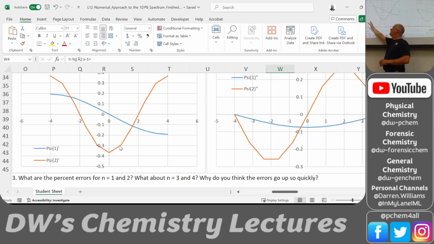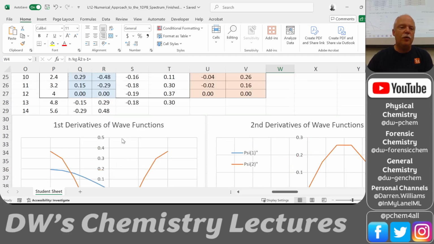So I can't calculate the derivative at either end of the box because I don't have anything beyond the end of the box. So we have to expand the box 2 cells or 2x increments so that I can calculate the first derivative and the second derivative. When we're doing the Schrodinger equation, we have to calculate the second derivative because that's the energy. So this is why we expand the box on both ends.